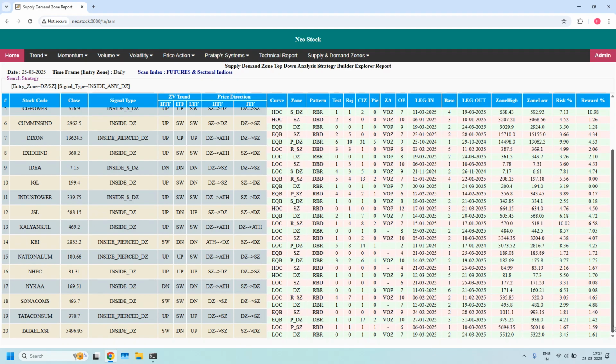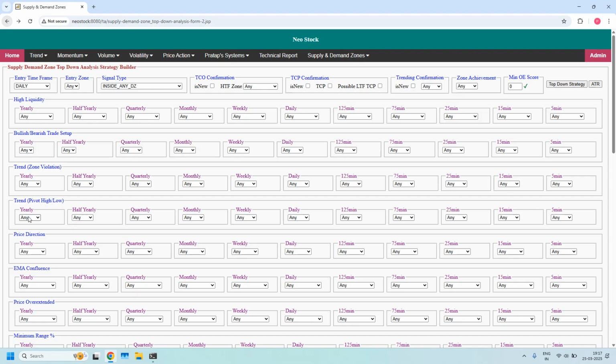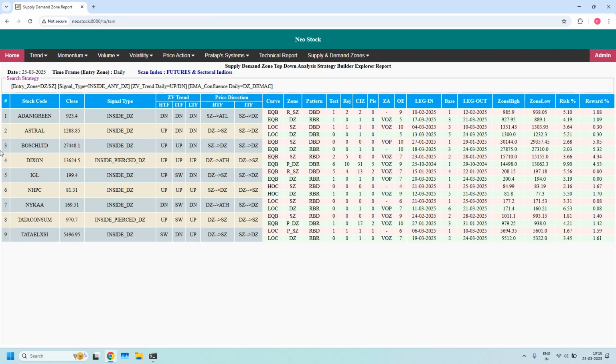We can further filter based on daily demand zones having daily EMA confluence, and also trend on the daily should not be sideways. Can be up or down. With these filters, we got 9 stocks. Price closed inside the daily demand zone, and those daily demand zones are having daily EMA confluence.